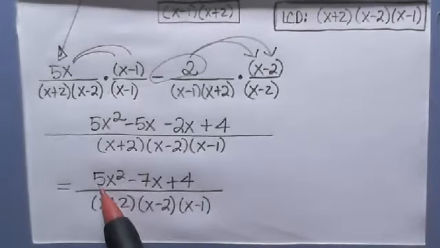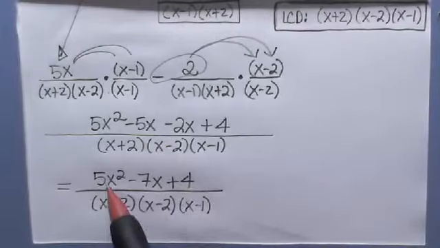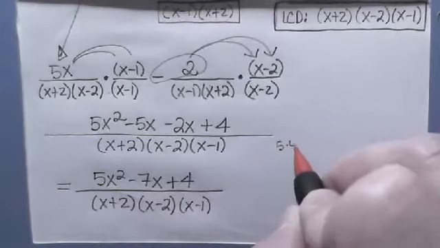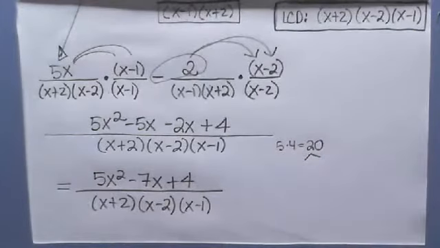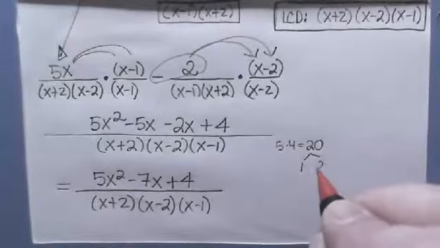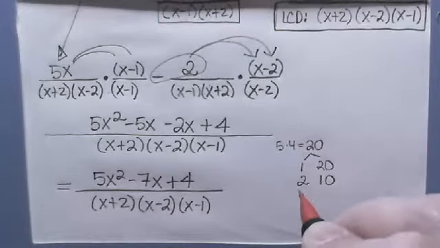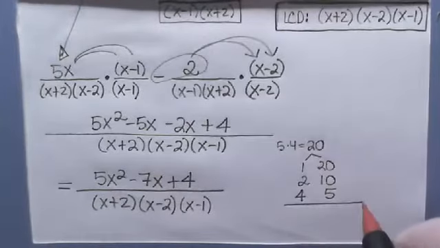Question number 3 is, if not a special factor, then multiply 5 times 4 and see if it works. So 5 times 4 is 20. Write down the numbers that give me 20. Well, 1 and 20, 2 and 10, 3 does not go into 20, 4 does go into 20, 4 times 5, and that will be it.